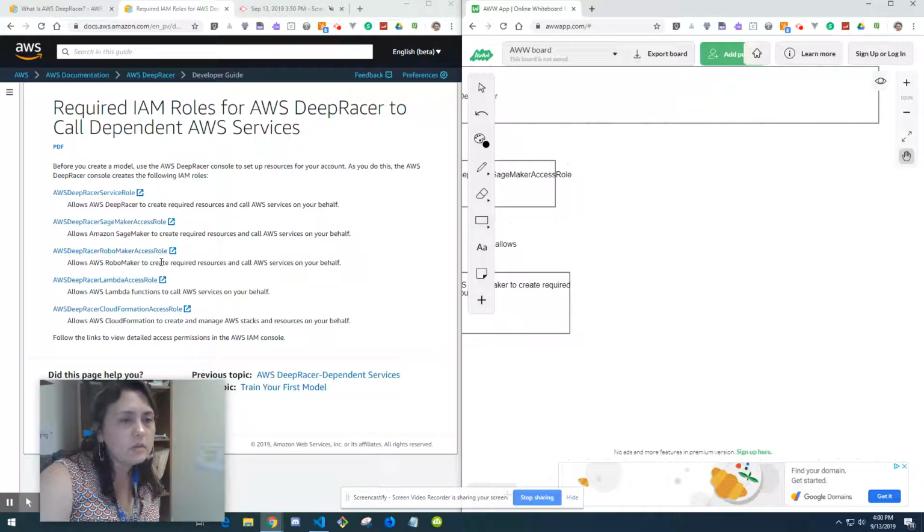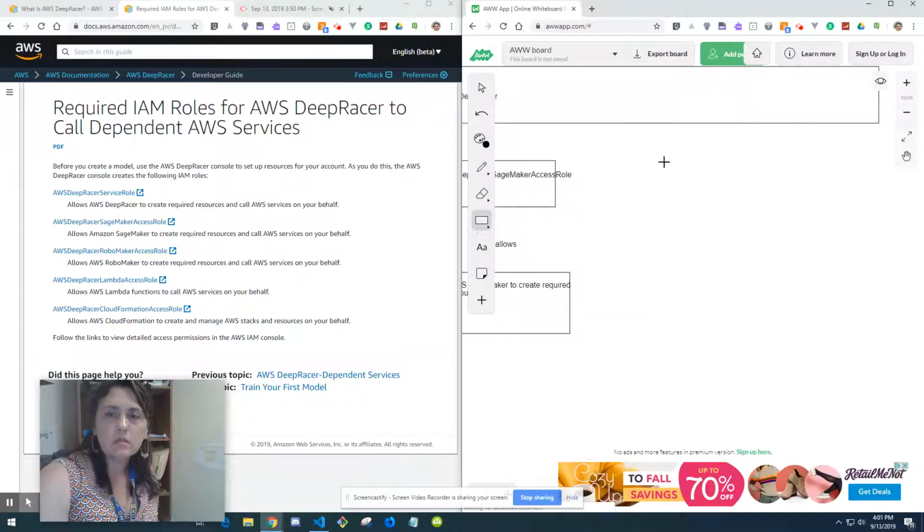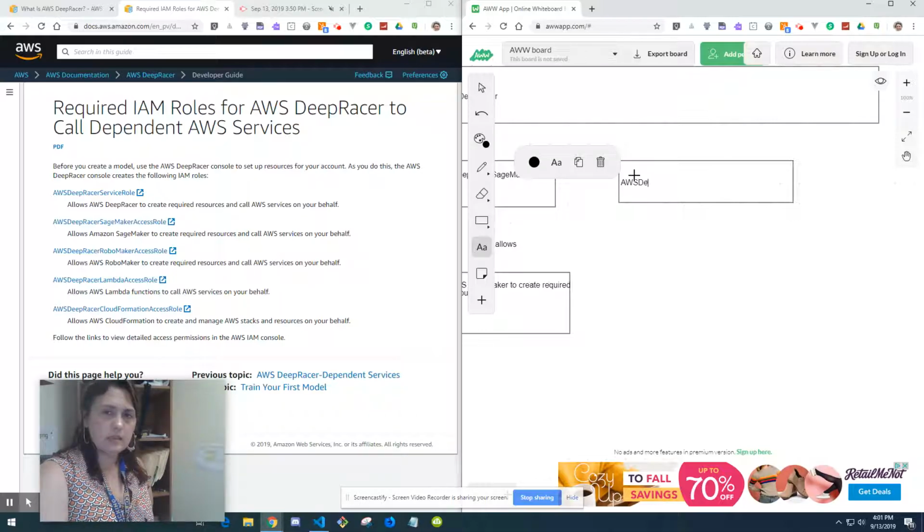Moving on to the next one. So we have the DeepRacer RoboMaker, AWS DeepRacer RoboMaker access role.